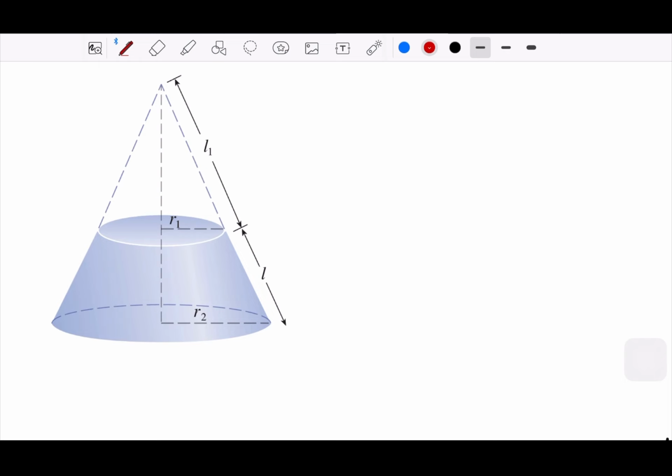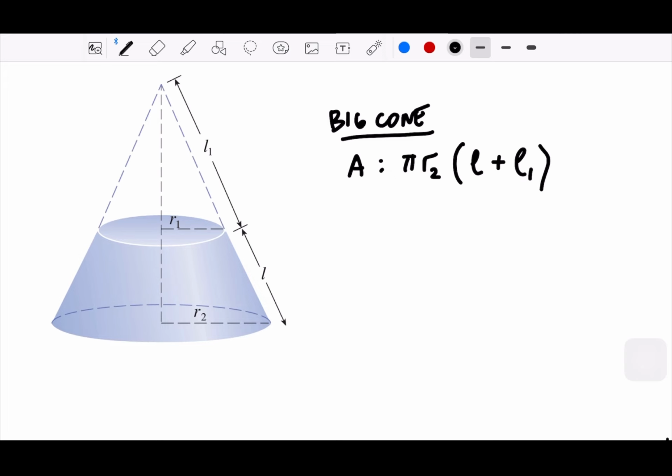So let's start with the big cone. The big one has radius R2, so the area is pi R2, and then the L for the big cone is L plus L1, according to our area formula from the previous page.